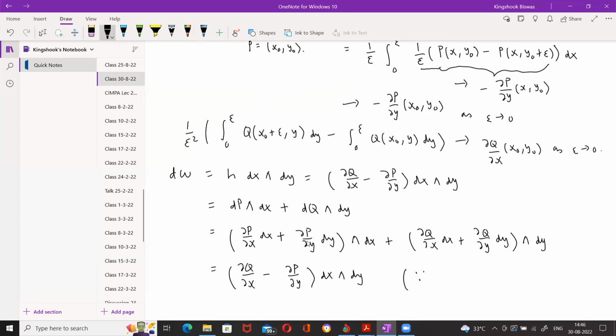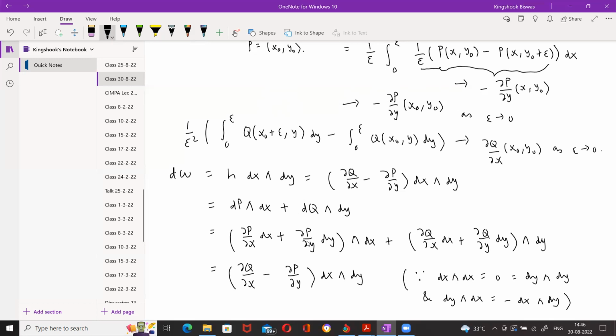Because dx wedge dx is 0 and so is dy wedge dy, and dy wedge dx is minus dx wedge dy.